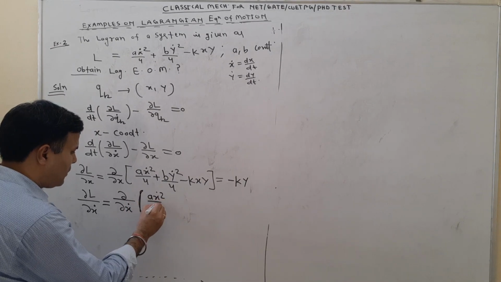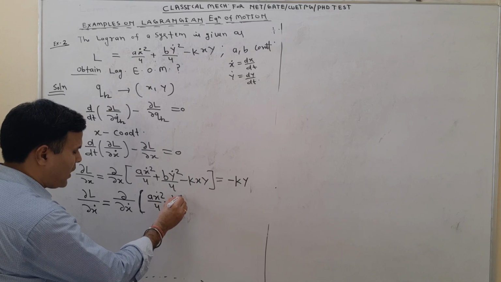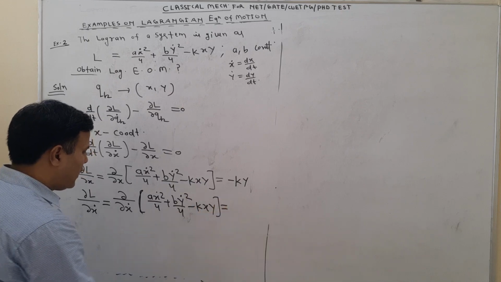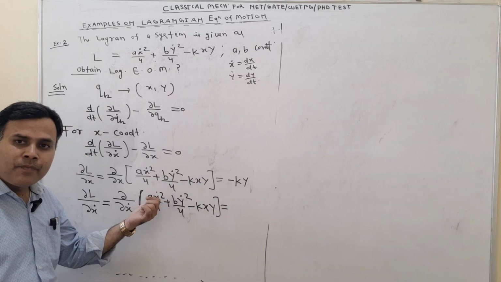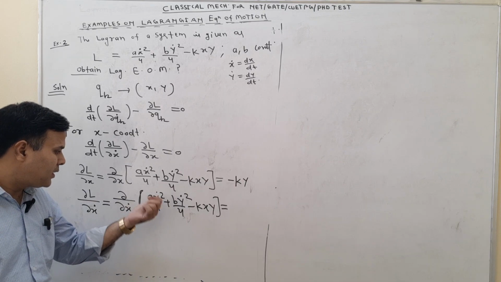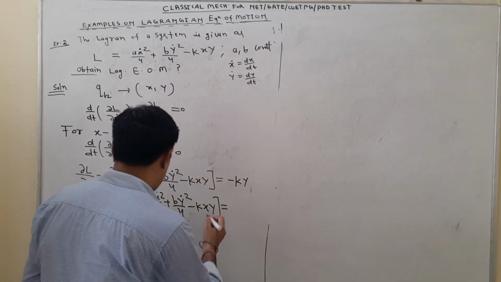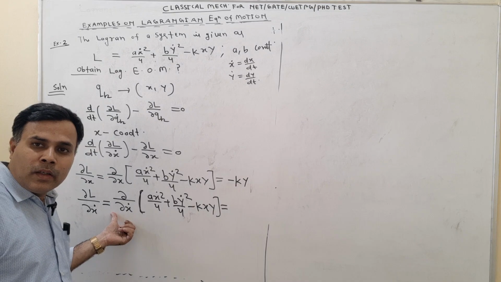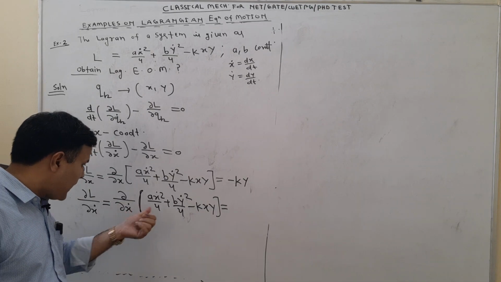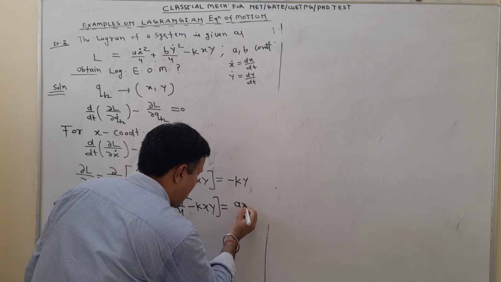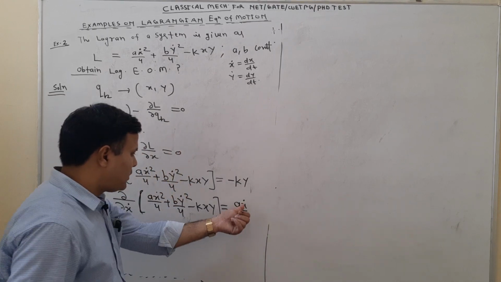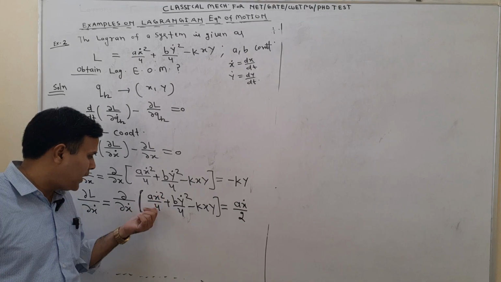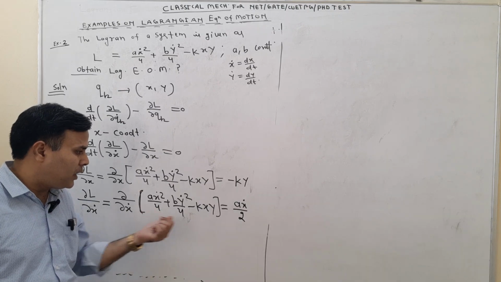There is only one term containing x dot, so x dot square gives twice x dot, and the other terms give 0 because we are differentiating partially with respect to x dot. This gives a x dot by 2, since the 2 cancels with the 4, leaving 2 in the denominator.